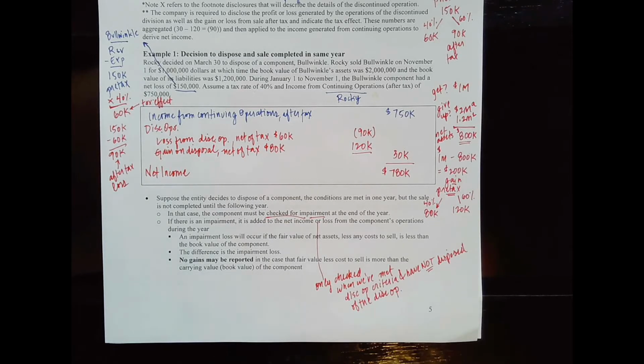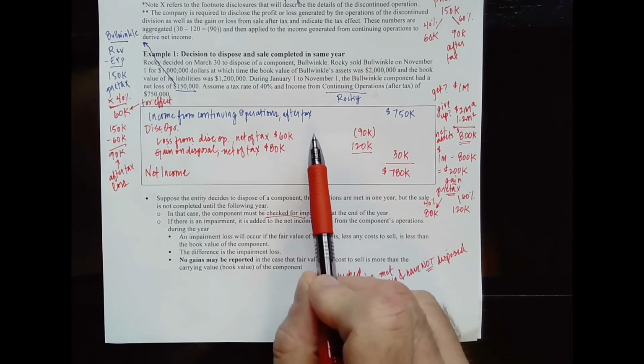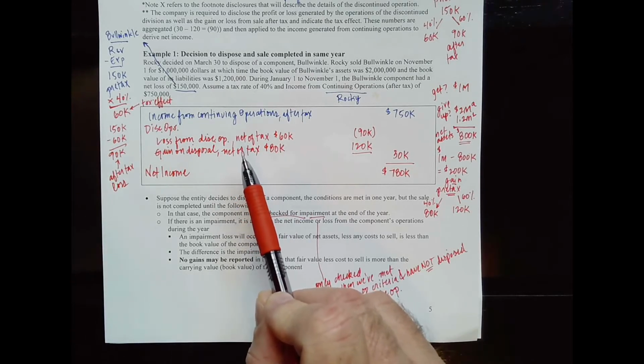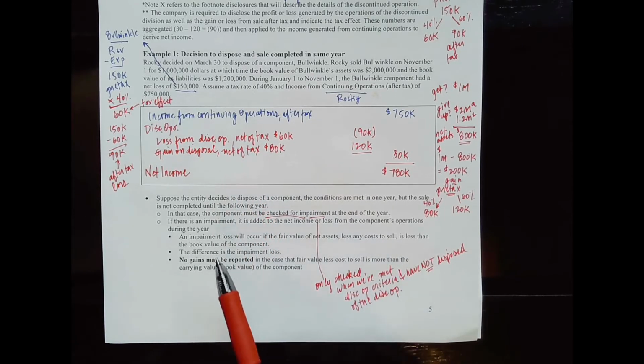We can impair the goodwill of our company, that is an intangible asset. We could impair a patent that our company is still using in its ongoing operations. So impairment does not just apply to discontinued operations, but when it does, we have to make sure to put the impairment that is associated with the discontinued operation down here below the line.